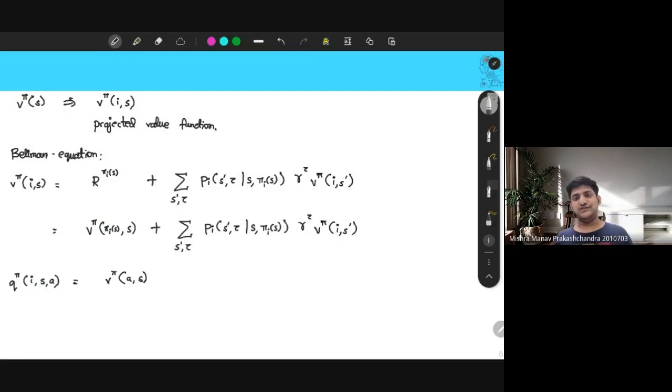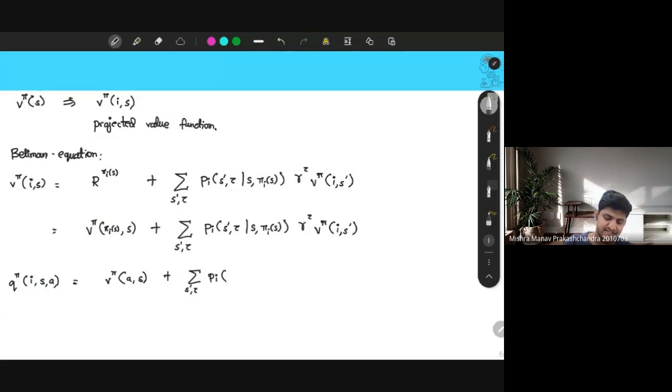Meaning the value function for the ath subtask starting from state s, and the rest remains the same, right? So it's like the expected value on executing the first action, which is a, and after that I follow policy pi.